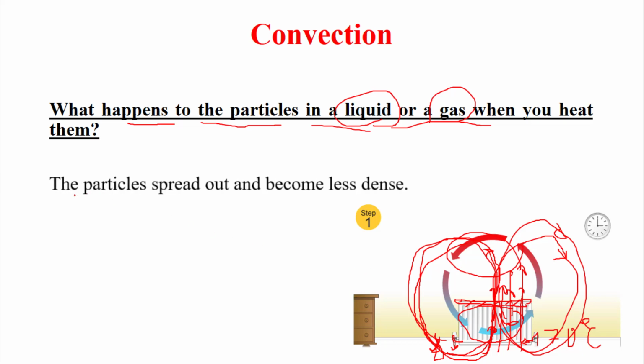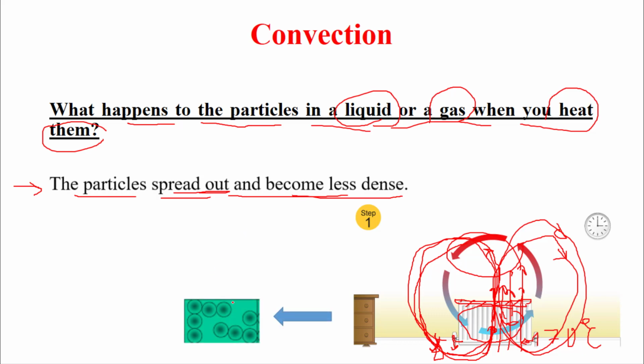So the particles spread out and become less dense when we heat them. So this is the answer. Whenever we heat the particles of a liquid or gas, they spread out and become less dense, so lighter. At the beginning this is the distance between particles.